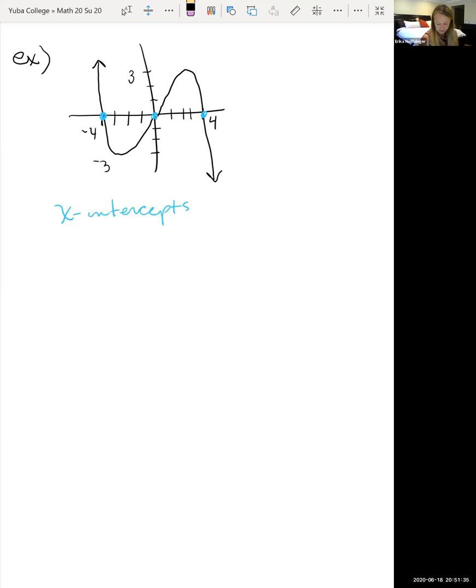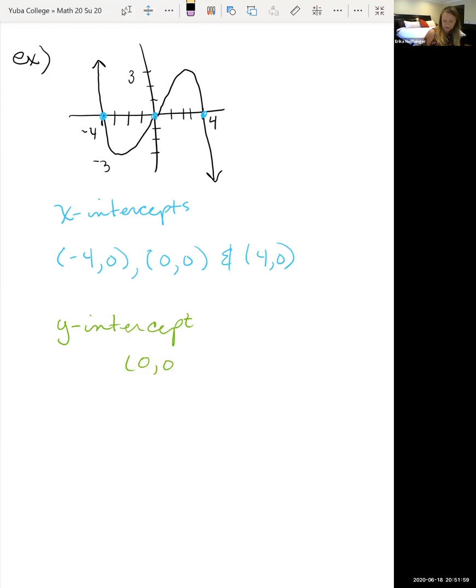So that's at -4, 0, 0, 0, the origin, and 4, 0. The y-intercept, it's where it's crossing the y-axis. There's only one y-intercept, and it's the origin, 0, 0.